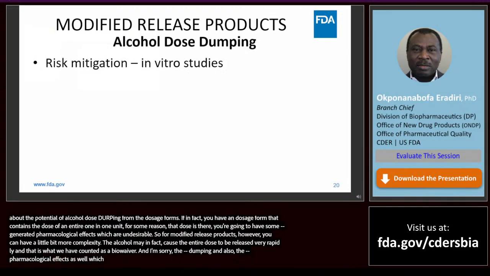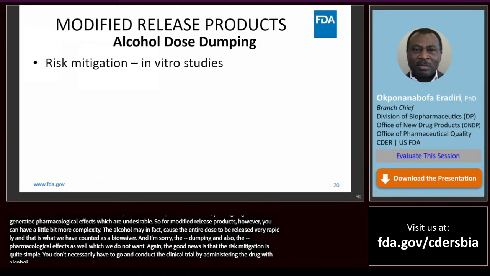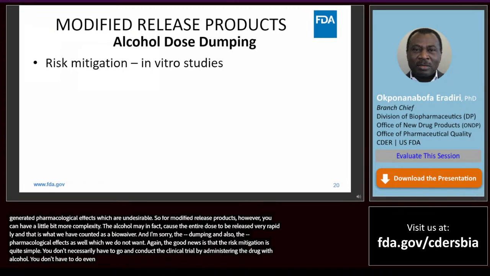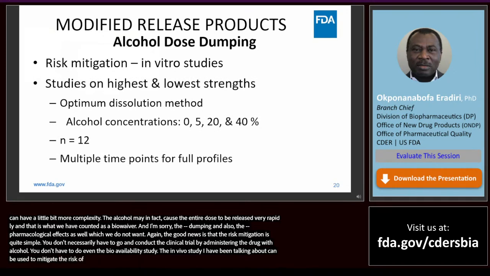But again, the good news is that the risk mitigation is quite simple. You don't necessarily have to go and conduct a clinical trial by co-administering the drug with alcohol. You don't have to do even bioavailability studies. The in vitro studies that I've been talking about, again, can be used to mitigate the risk of alcohol dose dumping.